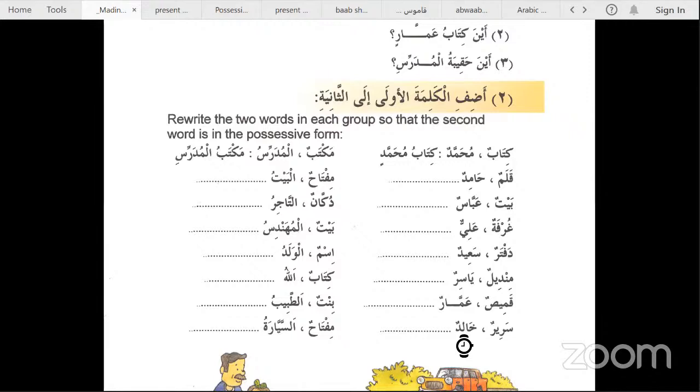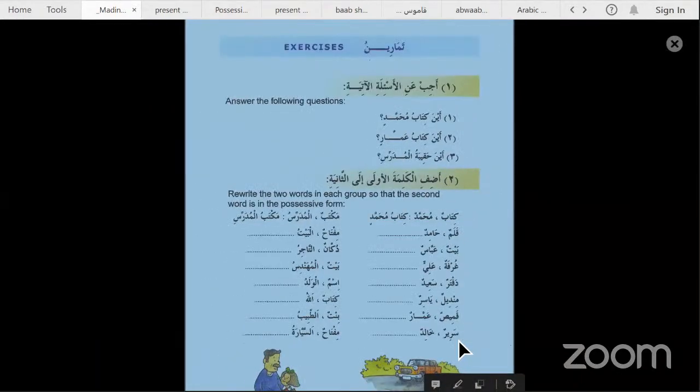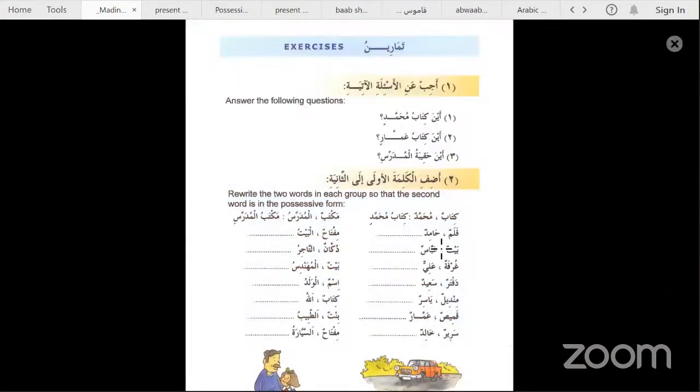Miftahul Sayyaratin, Sayyarati. Kalamu Hamidi, no, Kalamu Hamidin.